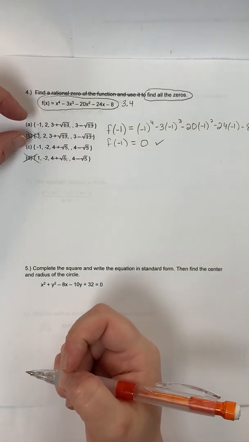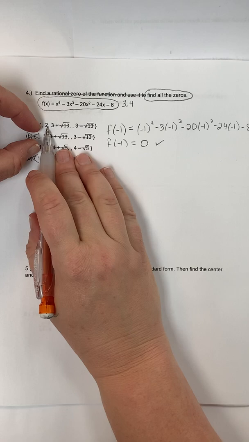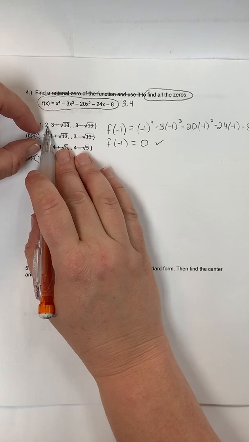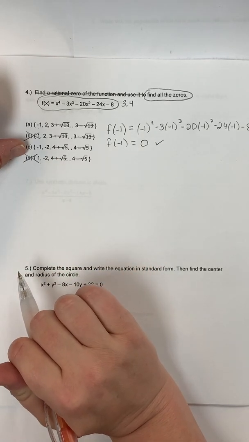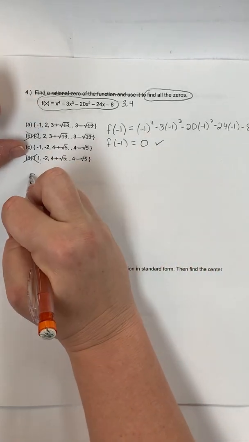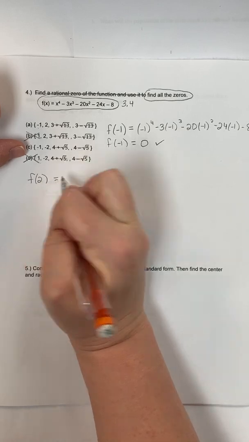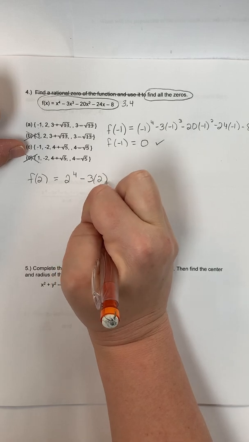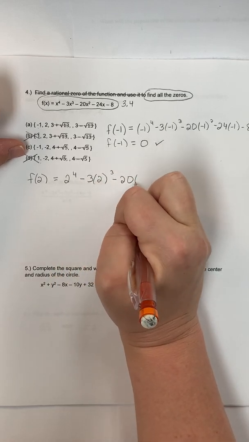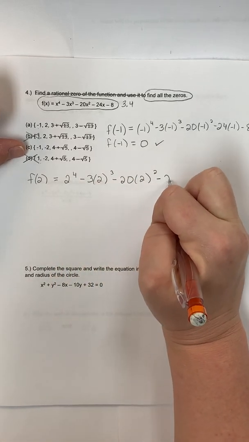Now let's go to our next answer. Choice A has a 2. Choice C has a negative 2. Now I'm going to take that positive 2 and plug it in and see if I have a 0.